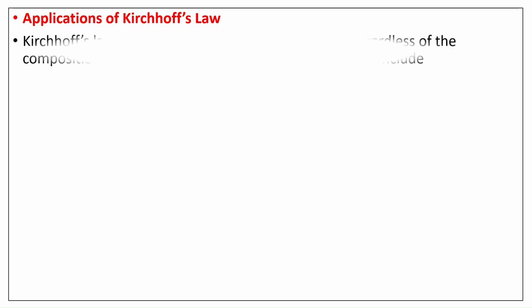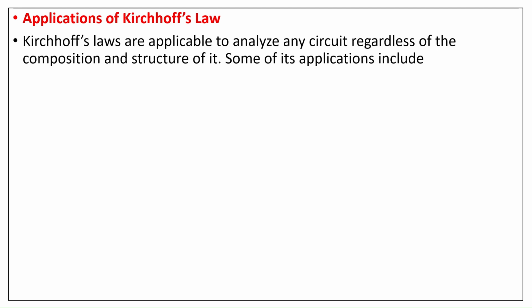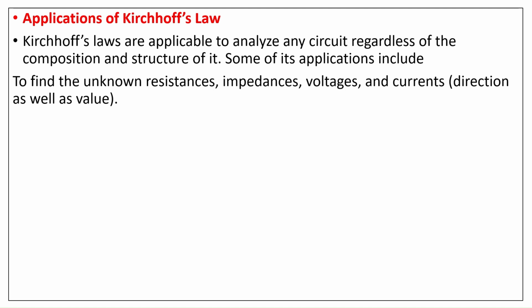Applications of Kirchhoff's law. 1. Kirchhoff's laws are applicable to analyze any circuit regardless of the composition and structure of it. 2. Some of its applications include: to find the unknown resistances, impedances, voltages, and currents, direction as well as value. 3.